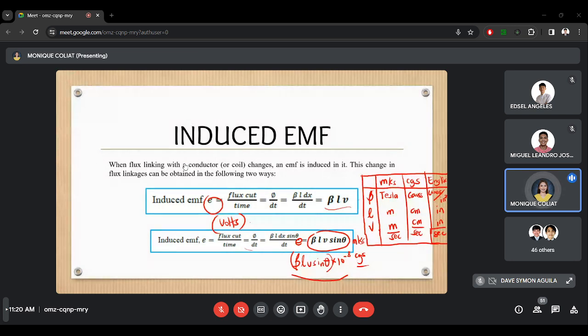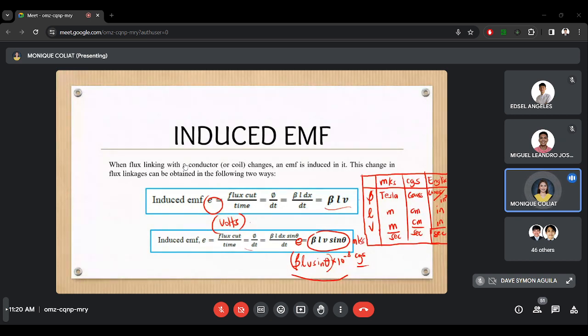We also have a formula for induced EMF. When flux linking with a conductor or coil changes, an EMF is induced in it. This change in flux linkages can be obtained in the following two ways. We have flux cut over time, which is equal to flux over dt, and the flux is equal to BL dx over dt, where dx over dt is equivalent to velocity.